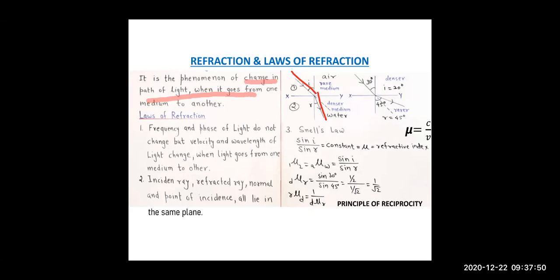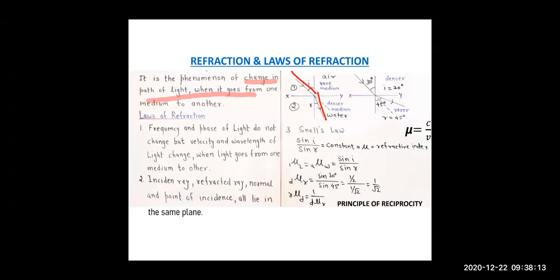The speed of the light in different mediums is different. So due to this difference in the speed of the light, the change in the path of the light takes place. So this is the cause of refraction, right?